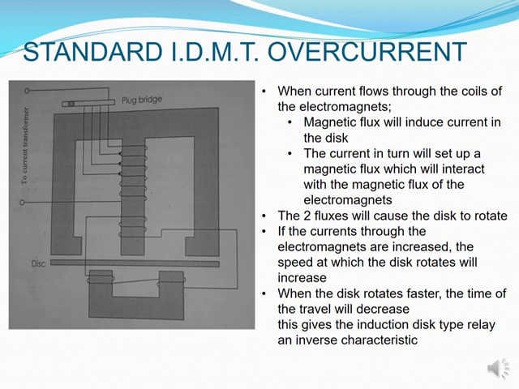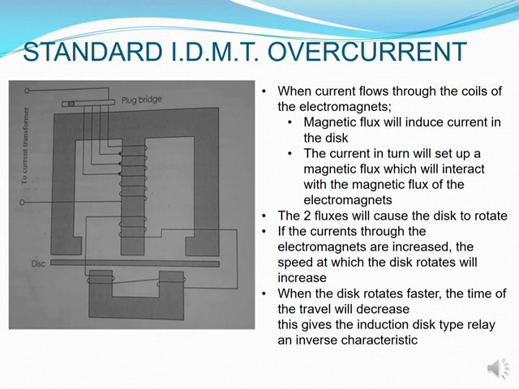And then that also produces another magnetic flux that goes back into the electromagnets. So you've got two fluxes that will cause the disk to rotate. If the current through the electromagnets increases, then the speed at which your disk rotates will also increase. If it's lower current, your speed is very small. If it's higher current, your speed is very fast.